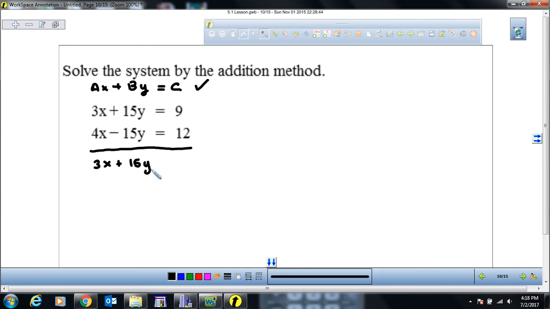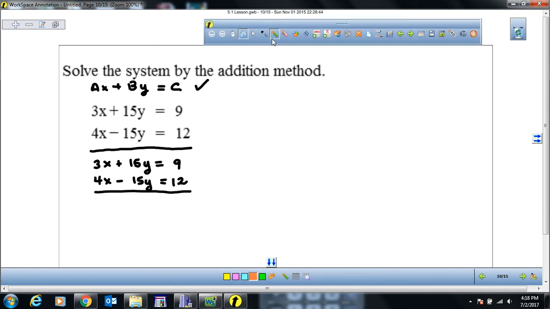So I'm going to rewrite it because I don't want to mess up the originals. So both of them are already written in the desired format. So what we need to do next is multiply one equation or both equations by whatever numbers needed so that the x's or the y's give me the same number but opposite signs.